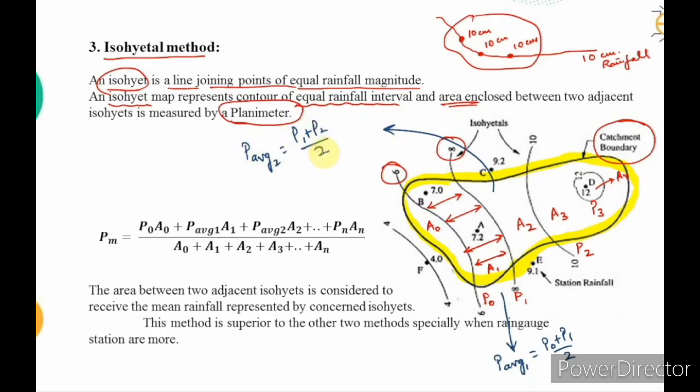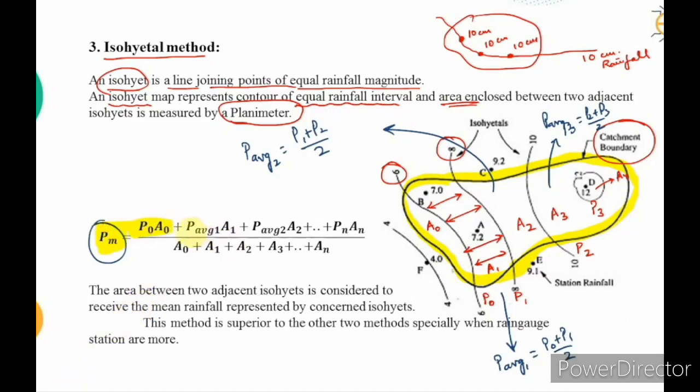Similarly, between P2 and P3, P average 3 equals P2 plus P3 divided by 2. Now to calculate the mean rainfall, there is only one change: in place of the actual rainfall of the stations, we take the average rainfall between different isohyets in this method.